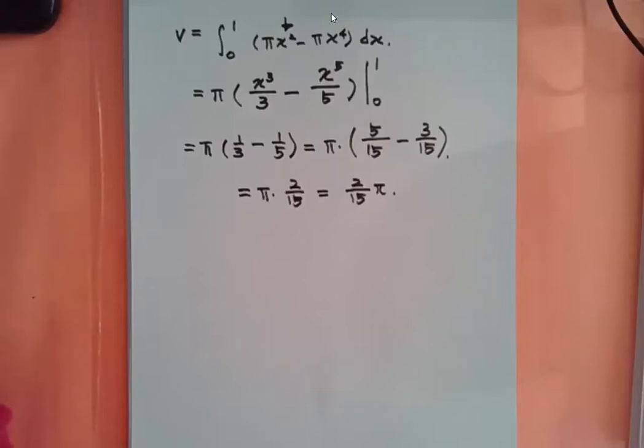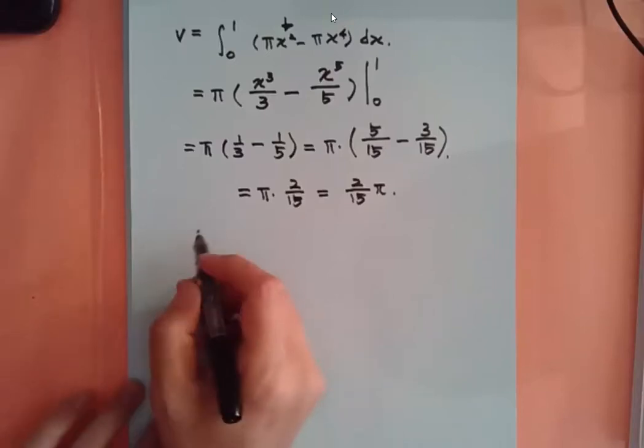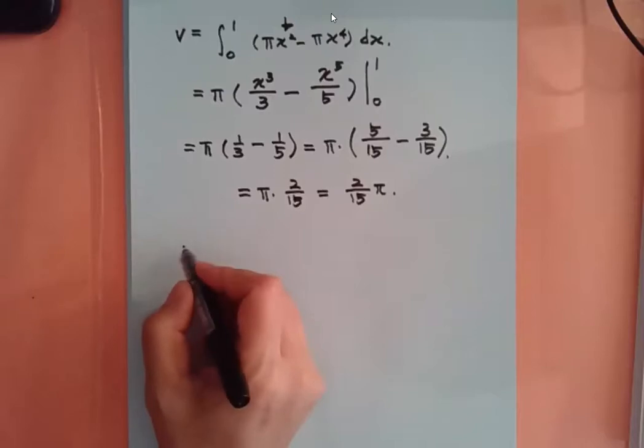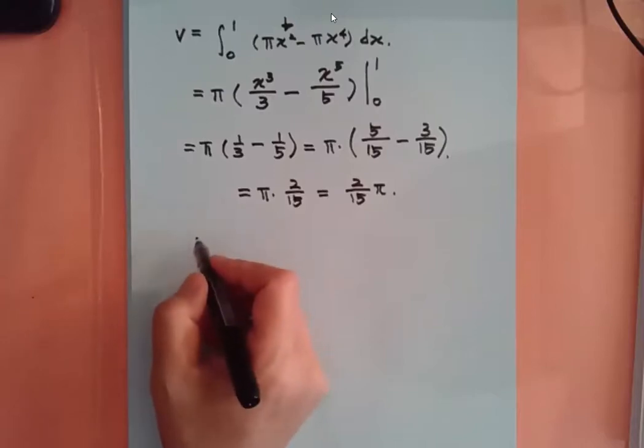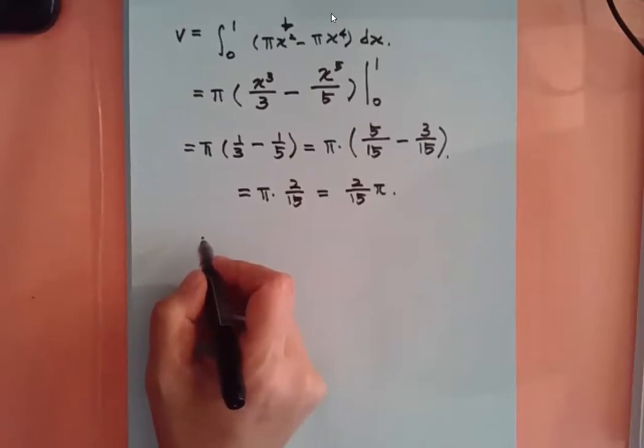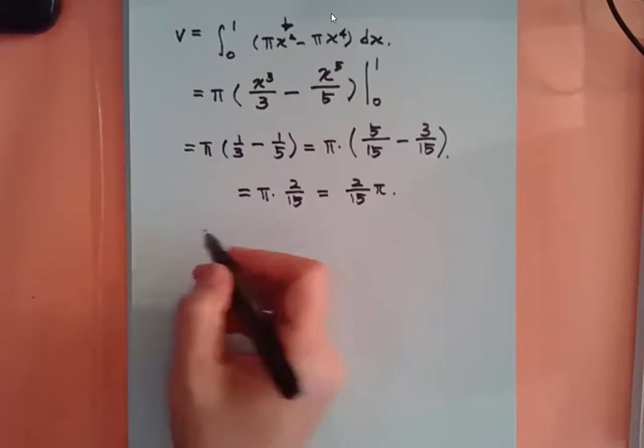All right. The next one is find the volume of the solid obtained by rotating the region bounded by the exponential function and 3 other straight lines.